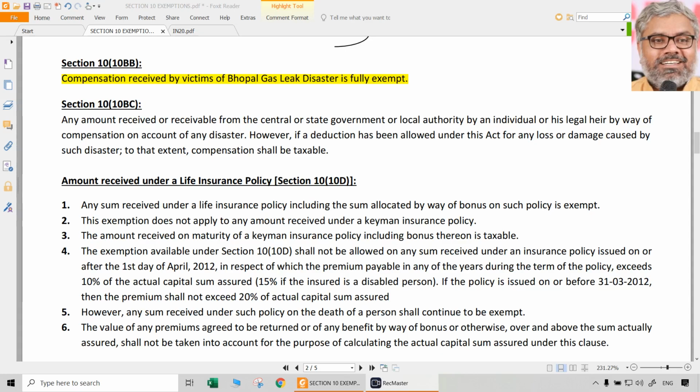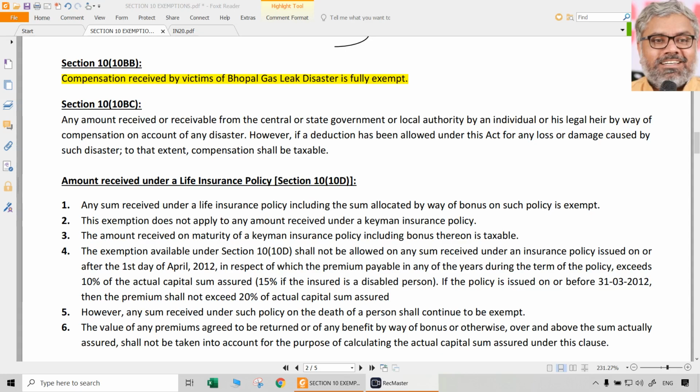Even recently, the ill effects of that disaster are visible in the form of lesser immunity for those people in the case of COVID as well.